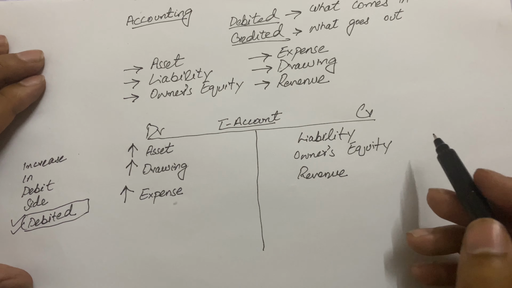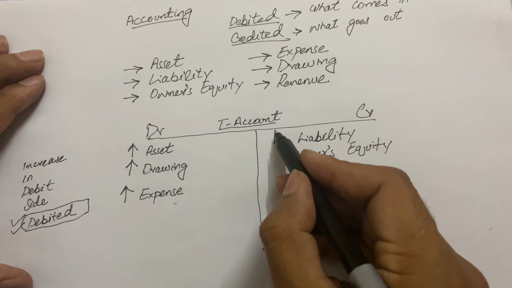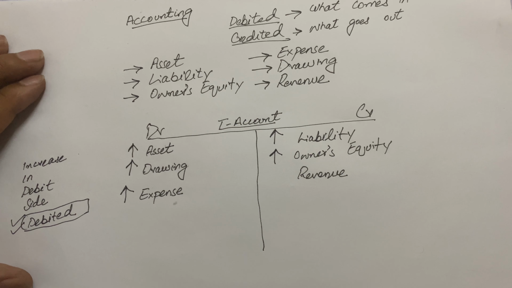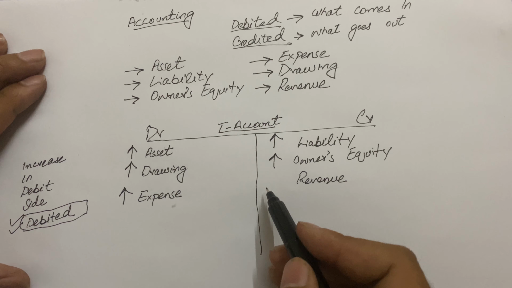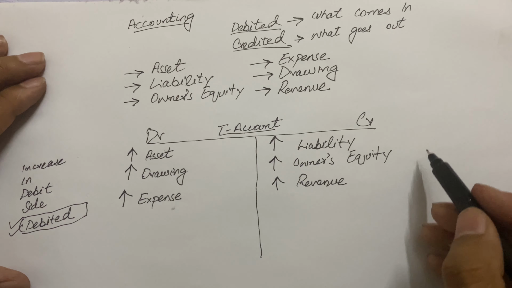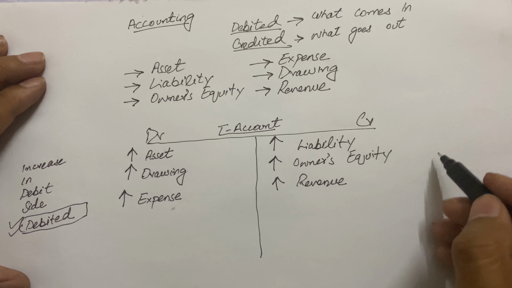If we talk about the other side, whenever there is an increase in liability, whenever the owner's equity increases, and whenever revenue increases, it will always be credited.